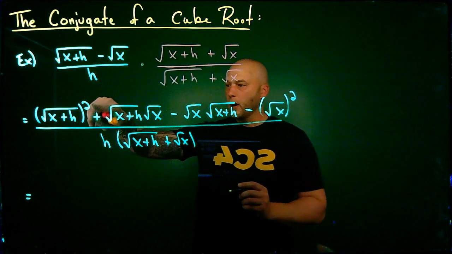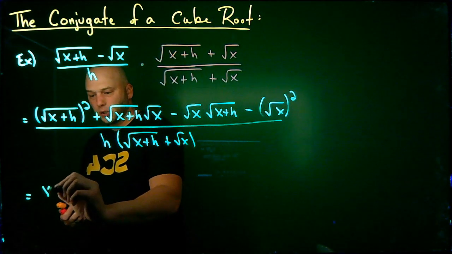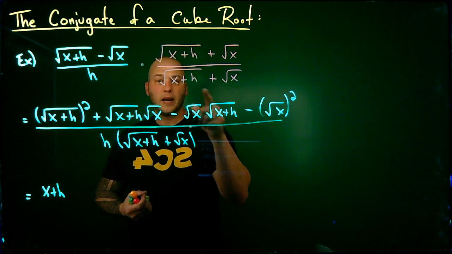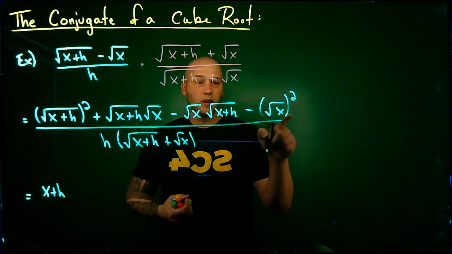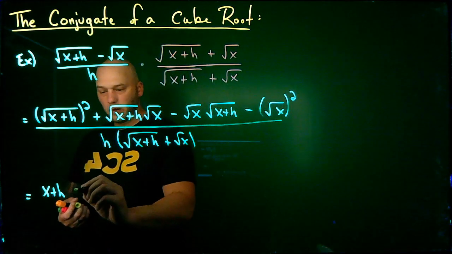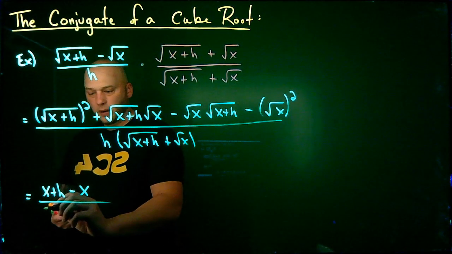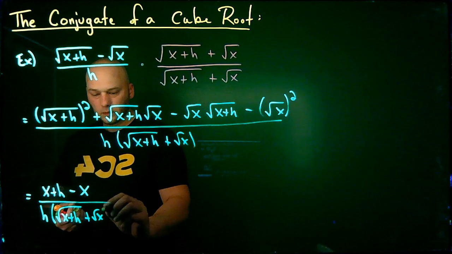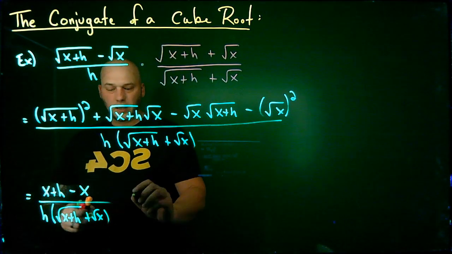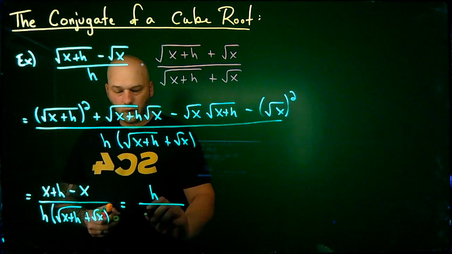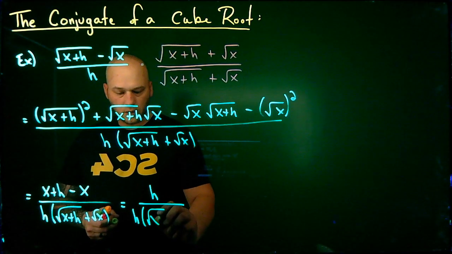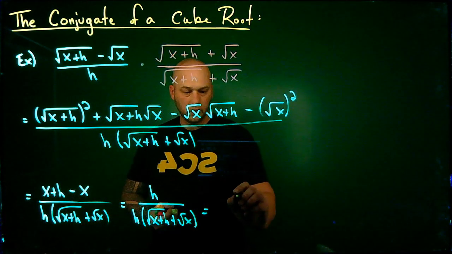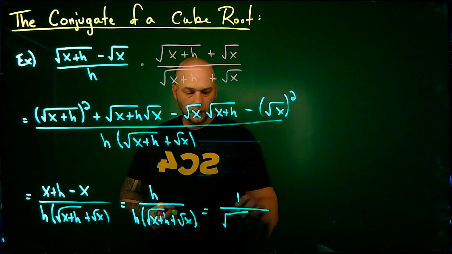Notice that the square of the square root reduces to x plus h. The two middle terms are the same term but opposite signs, so those cancel. And then the last term here is the square of a square root, which gives me minus x. And then my denominator, which was h times the conjugate. In the numerator, notice that the x's cancel, leaving me with h over h times the conjugate. Of course, the common factor of h cancels, and my final expression is the following.